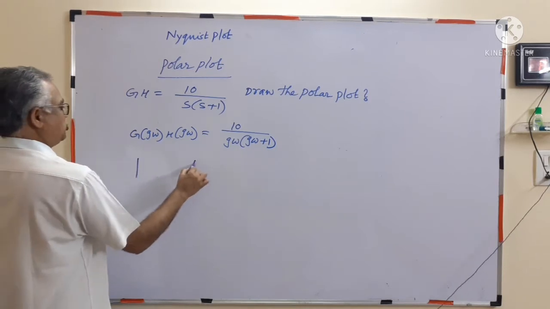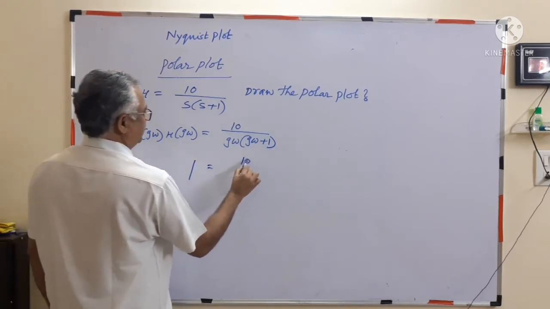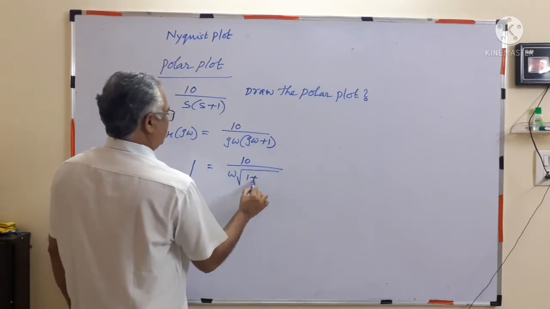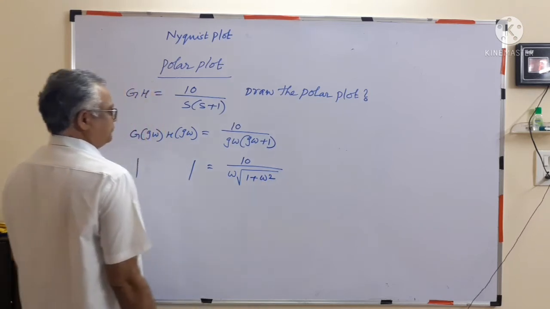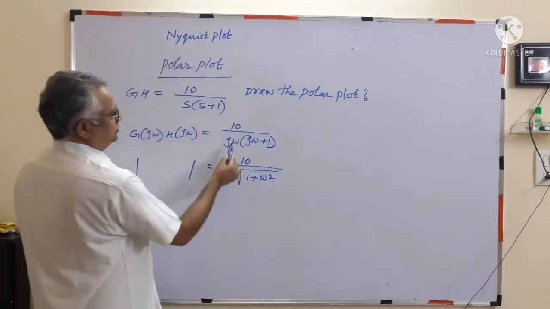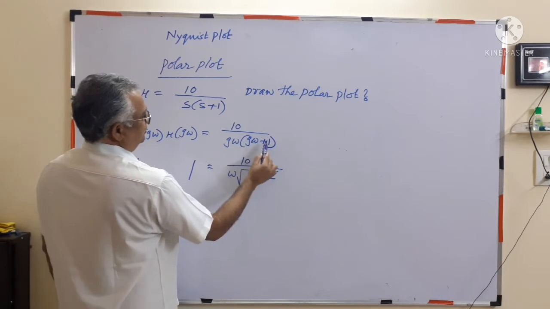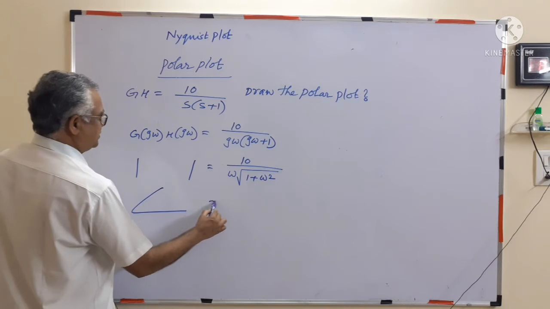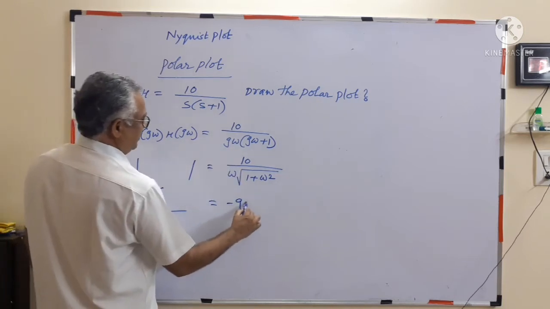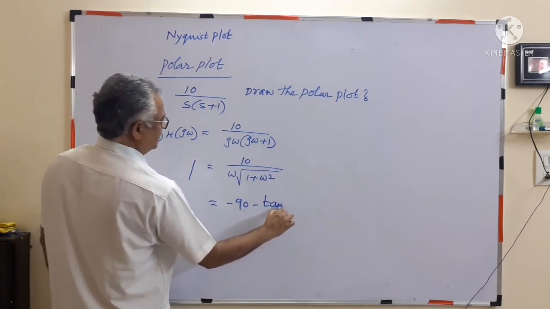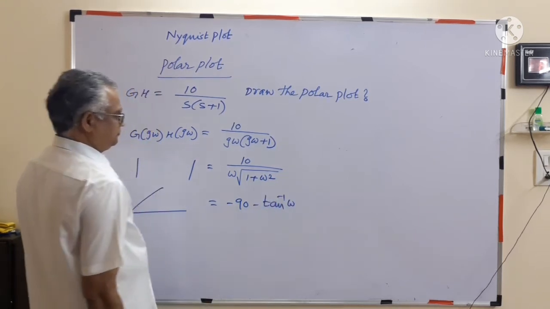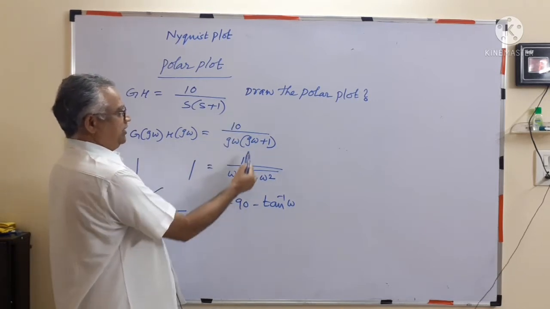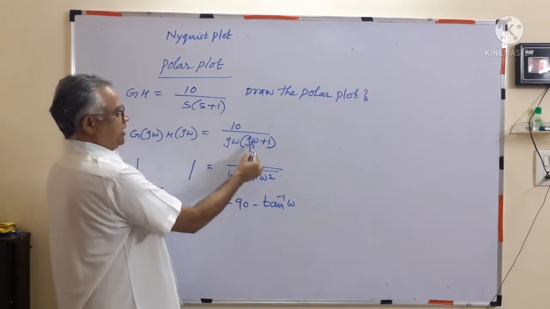Then what is the magnitude of this? It is 10 by omega root of 1 plus omega square. This is omega, and this is root of 1 plus omega square. Then what is the angle of this? J omega coming to the numerator, minus 90 minus tan inverse omega.